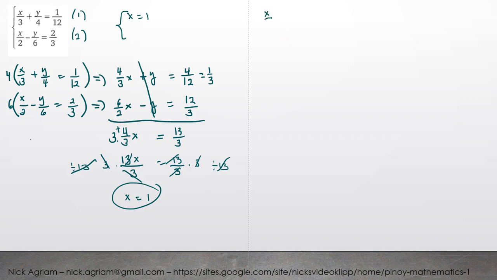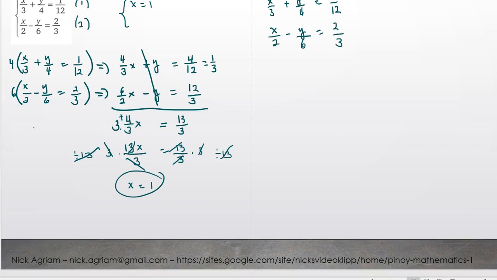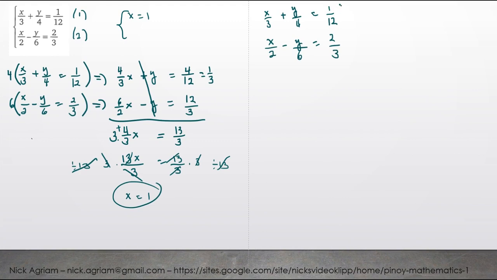So we have x divided by 3 plus y divided by 4 is equal to 1/12. And then we have x divided by 2 minus y divided by 6 is equal to 2/3. So if I'm going to multiply my first one by 3, and my second by -2, then I have 1x plus 3/4 y is equal to 3 divided by 12.